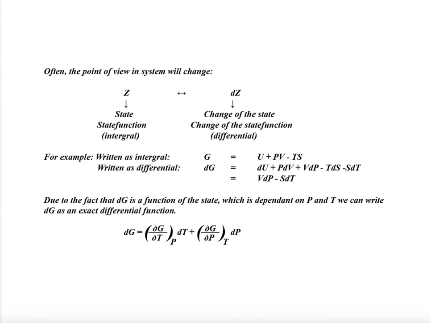And now, due to the fact that dG is a function of the state, which is dependent on the pressure and the temperature, we can write dG as an exact differential function.